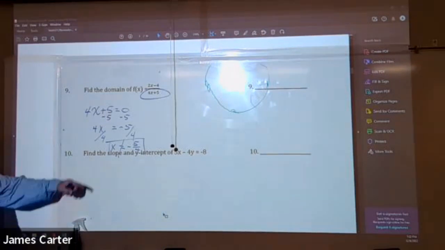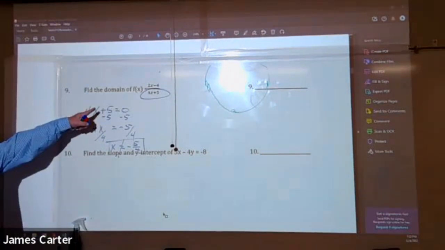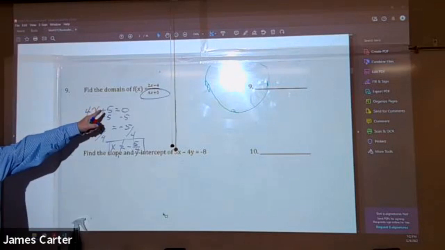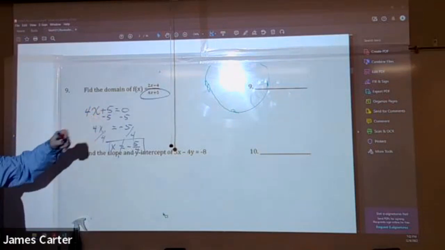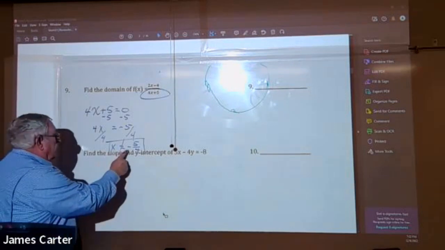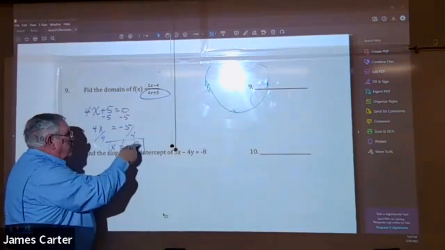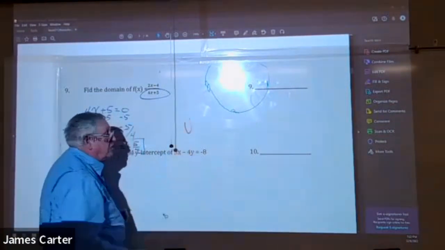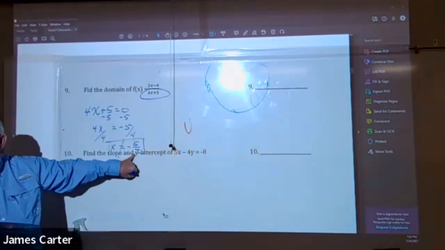Now, if they ask you to put this problem in interval notation, and there's a 50% chance they will, then this is a value it can't be. That means I've got to have a union right there.